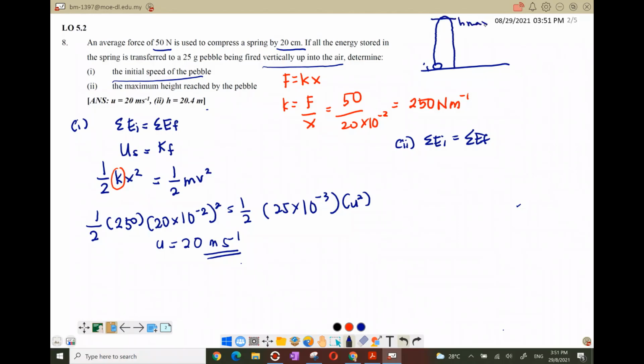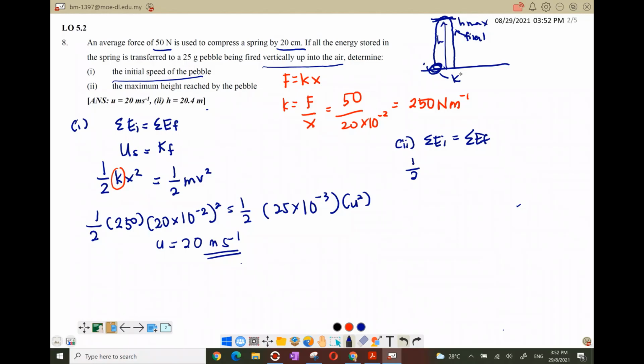So we assume the bottom is the initial point and H maximum is the final point. At the initial point only kinetic energy exists, but at the final point because there is H, the energy that exists is gravitational potential energy.